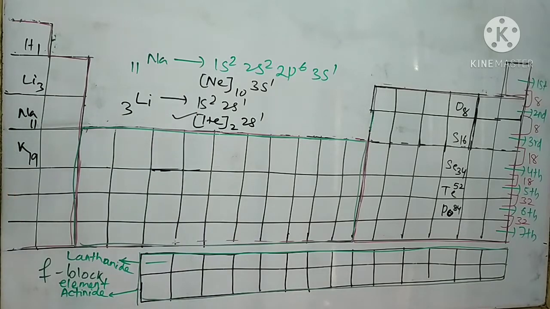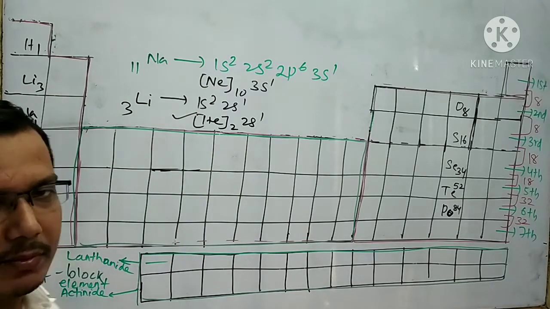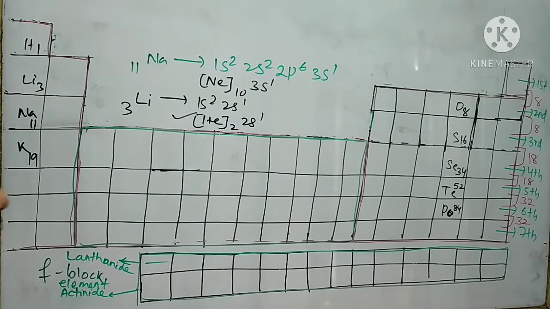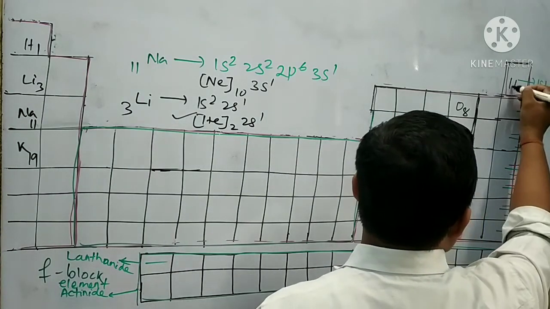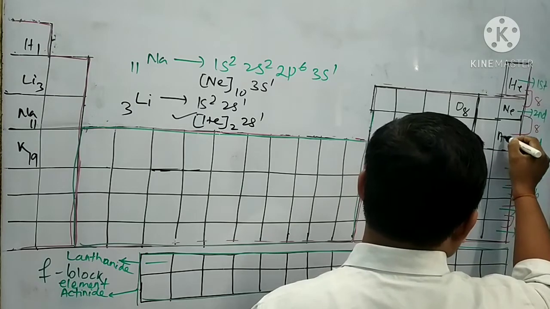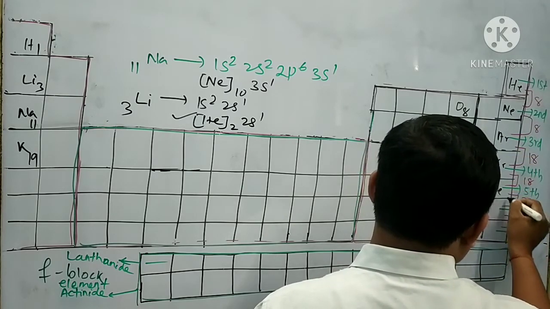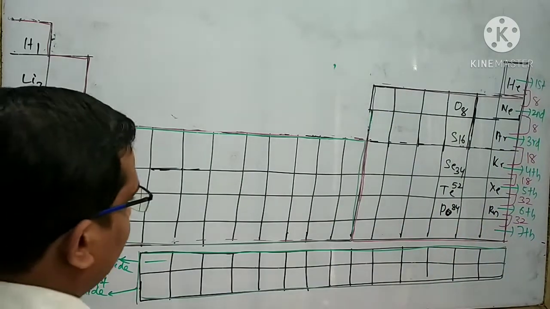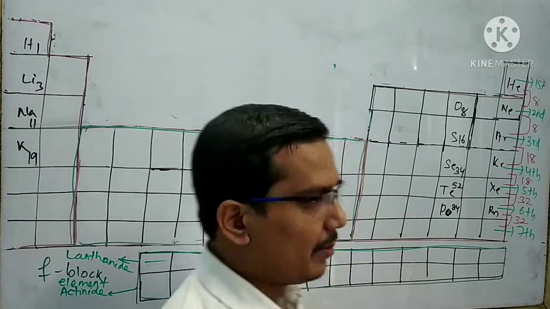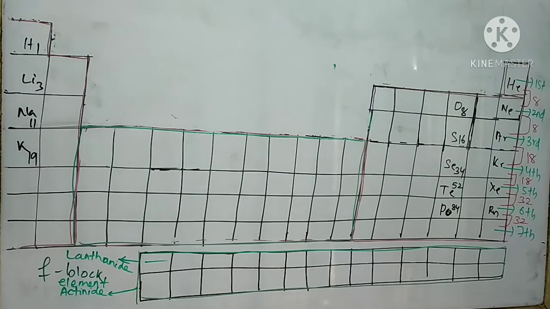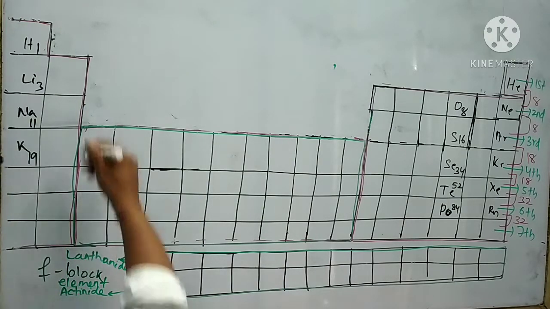This type of electronic configuration can be written with the help of the nearest previous inert gas. The inert gas elements are helium, neon, argon, krypton, xenon, radon. To write the electronic configuration of any one of the elements present in the modern periodic table, you must remember some general formulas.